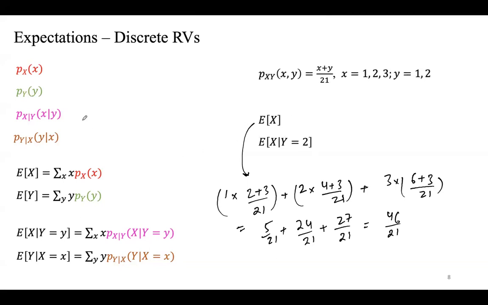We had seen this was 2x plus 3 by 21, and this was x plus y divided by 6 plus 3y.